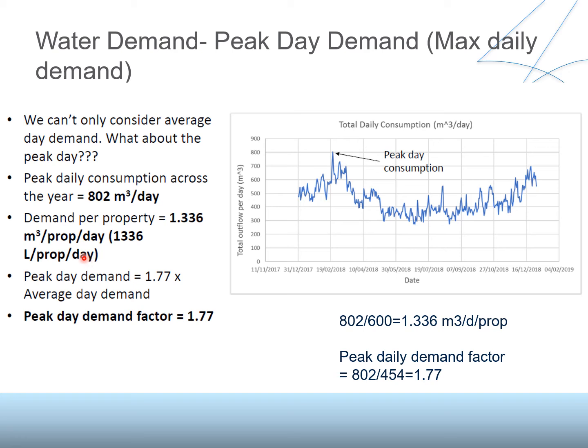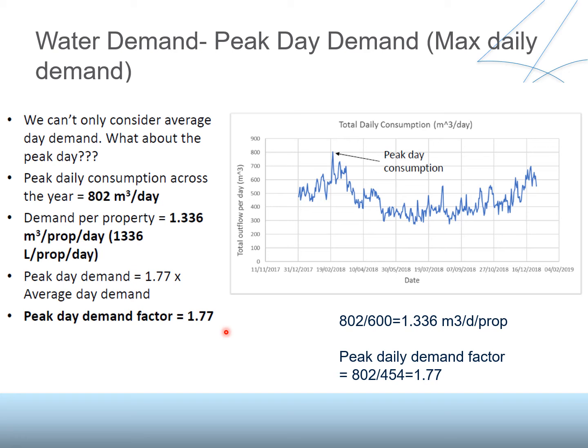From here we can see there is a difference. Peak daily demand divided by the average daily demand is 1.77. So the peak daily demand factor is 1.77. If you look at the council guidelines, they will provide you the average daily demand and the peaking factor.